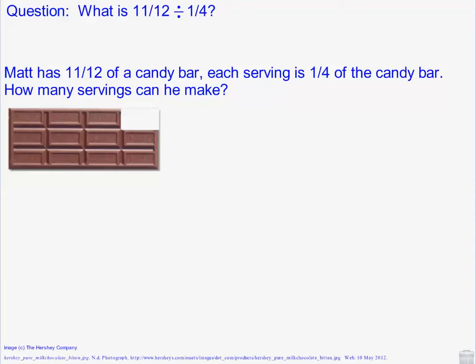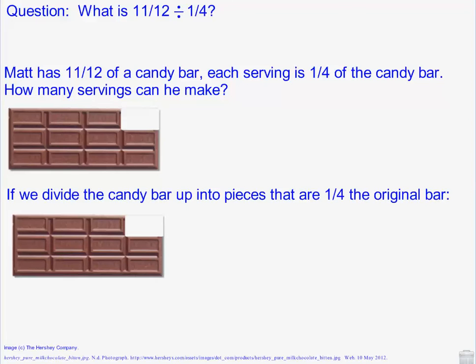Again, what I'm really asking, if each serving is 1/4 of the candy bar, is how much of the candy bar is 1/4. So if we divide the candy bar up into pieces that are 1/4 of the original bar, we're going to get those highlighted sections there. If we look at those sections, we can see that the first 3 are completely filled. And then the last section is only 2/3 full.